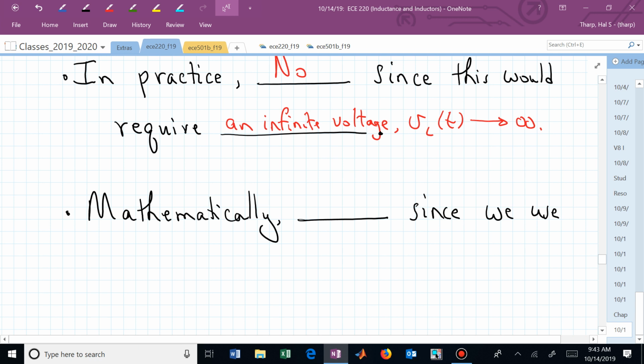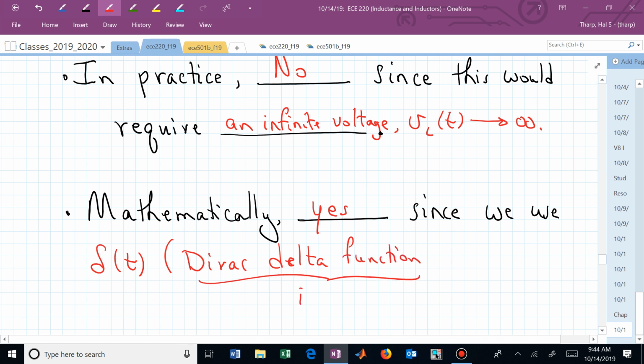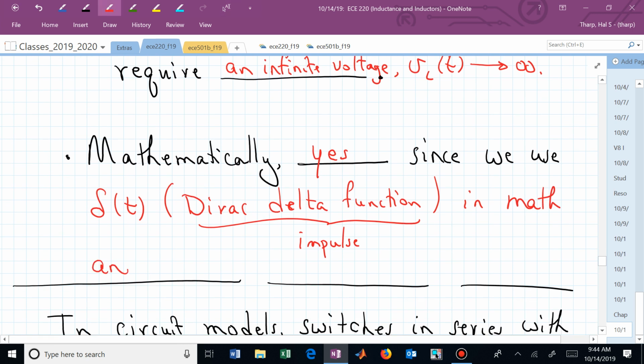So mathematically, we will allow those abrupt changes since we use delta of t, which we've now called the Dirac delta function, or the impulse, in subsequent classes, in our math analysis, in the second half of this book that you now have, ECE 320A, and a follow-on class on communications.